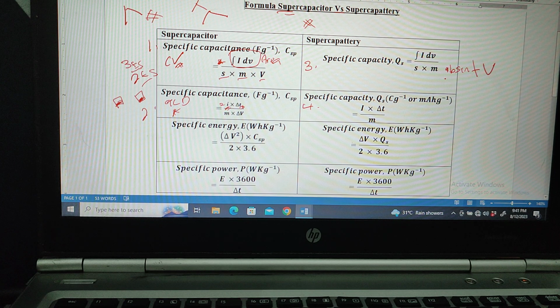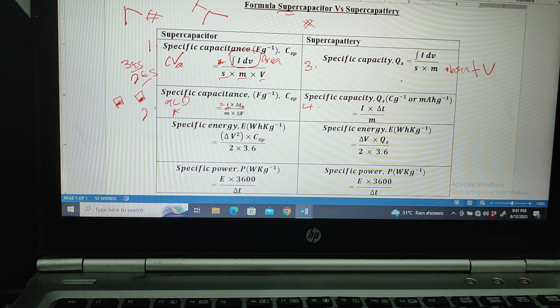Because specific capacity is the amount of charge that can be stored within your material, but not limited to the potential window. You're not limited to 0.5, 1.0 volt. So it is the capability of your material to store charge without the limits of the potential window.